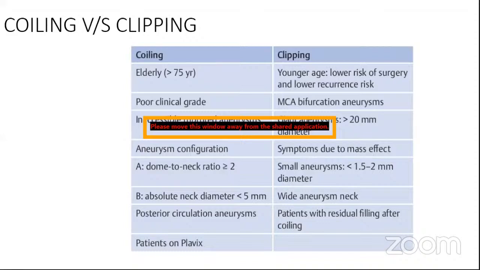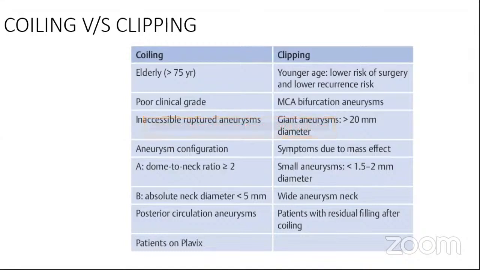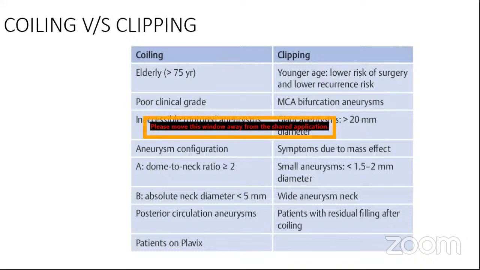And when we go for clipping, we generally choose it for younger patients, though the trends have changed. Endovascular surgery has advanced quite a lot, so many people are going for coiling of aneurysms. MCA bifurcation aneurysms that are difficult to access for coiling or have a broader neck, clipping is preferred. Again, if the size is greater than 20 millimeters, as the patient may have symptoms due to mass effect.